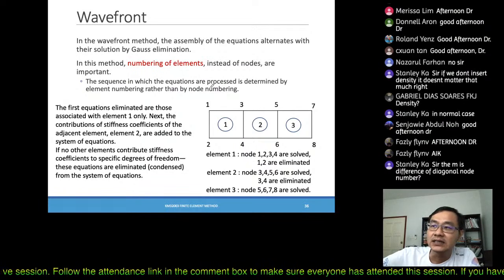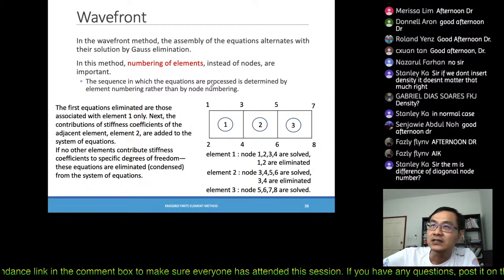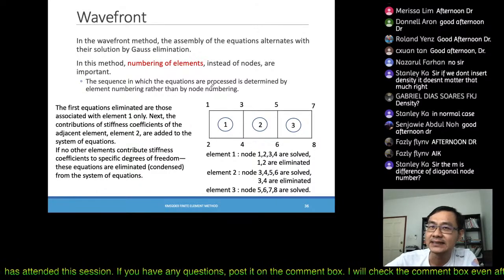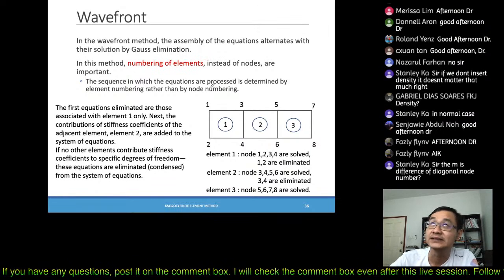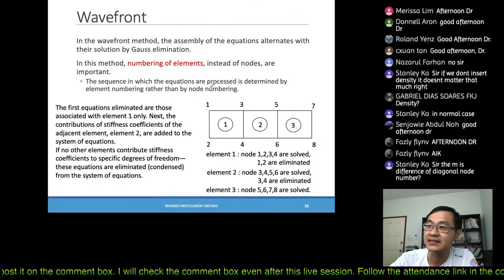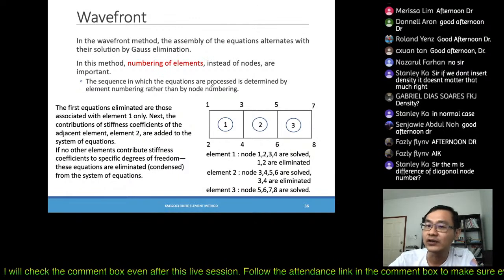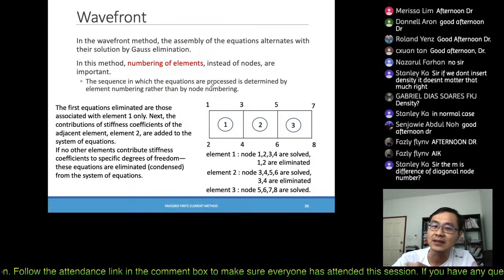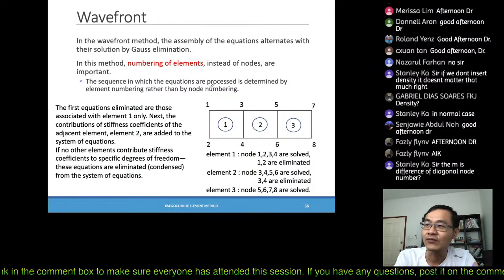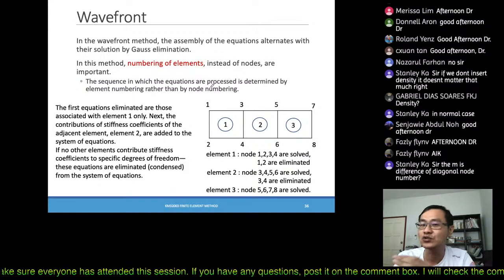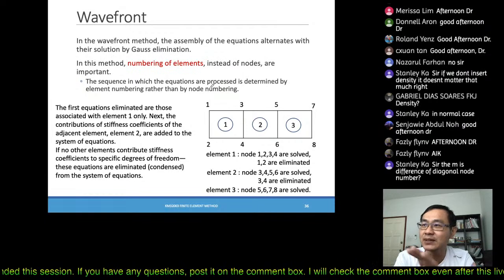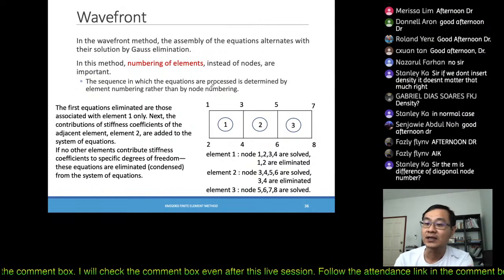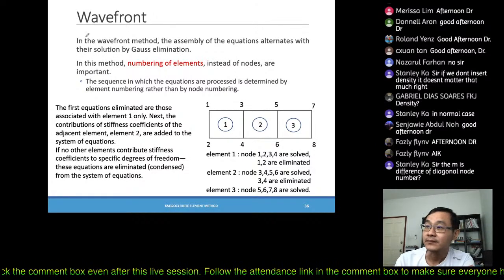Then there is another way of solving it. This one is not really about how we store the stiffness matrix, but more about the algorithm itself, how we are going to solve it progressively. That's why the name of this method is Wavefront, from one end to the other. So you solve from one element to the other element progressively, in a wavefront way.